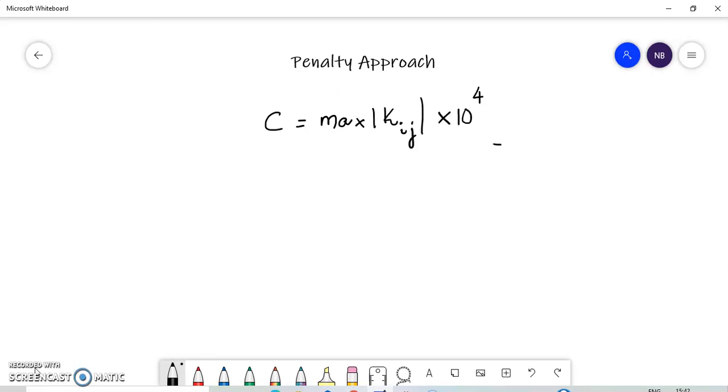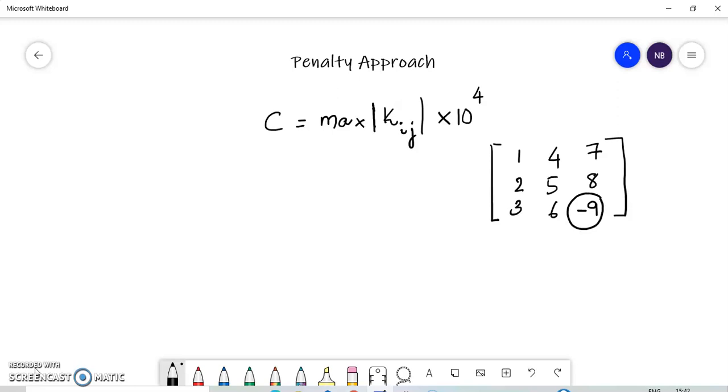So for example, if we have a matrix like this, and say 9 is the maximum value. Here we have used the mod sign, which means irrespective of the sign, we are taking into consideration only the value and not its sign.